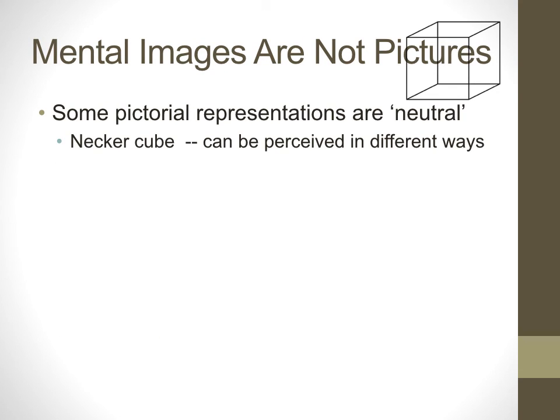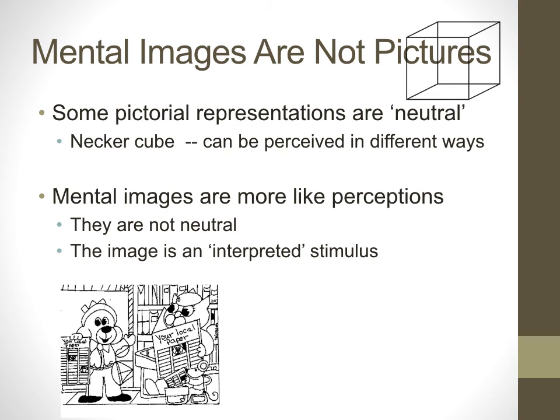So, some more backup for mental images not being pictures and being more like perceptions. If you remember, Dr. Starling at one point talked about the Necker cube, which for some reason is at the top of my slide here. The Necker cube can be perceived in different ways. It's ambiguous.